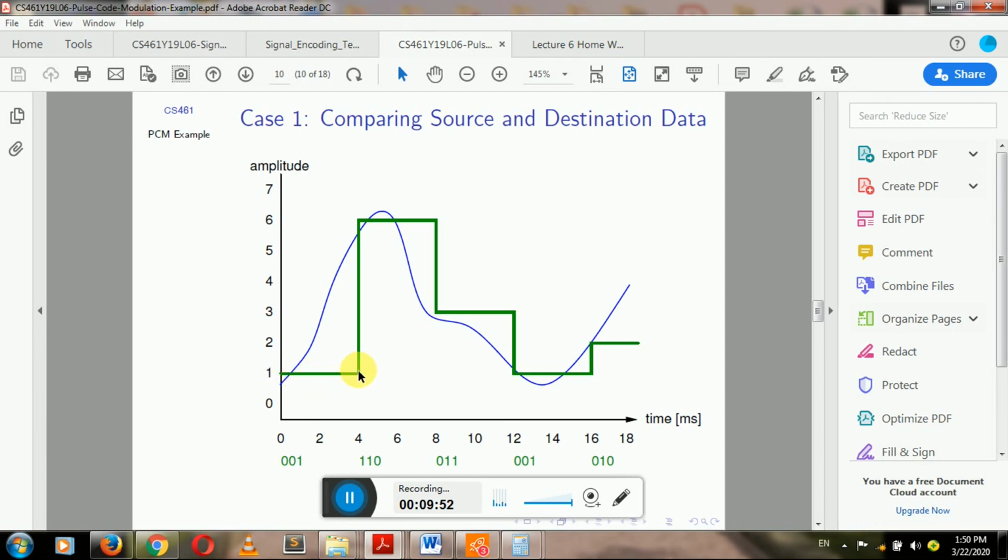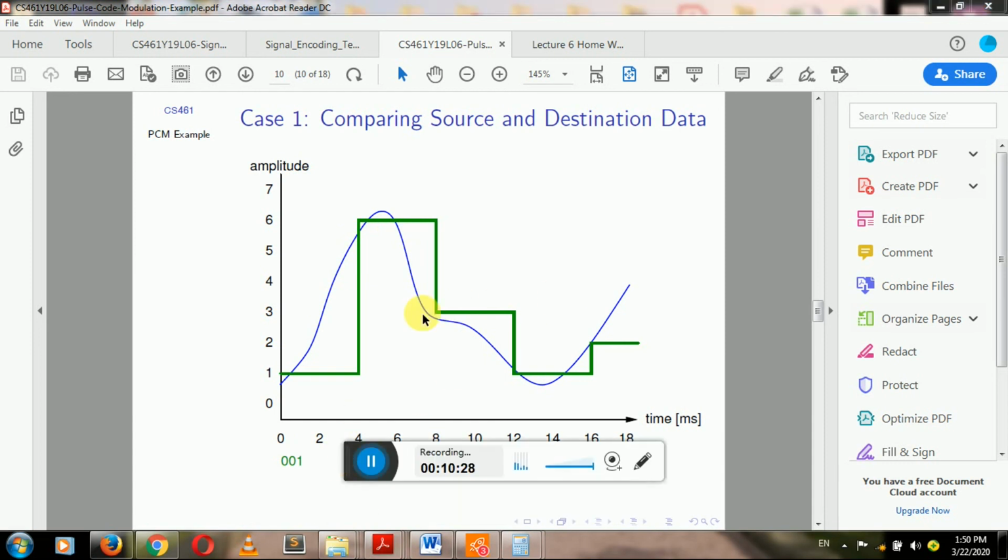Then after 4 milliseconds it goes to amplitude 6, then it maintains up to 8, then from 8 up to 12 is 3, from 12 up to 16 is 1, from 16 up to 20 will be 2. So this is a representation of our digital data, the conversion of analog data into digital. So this is our analog data, and we convert it into this digital form.